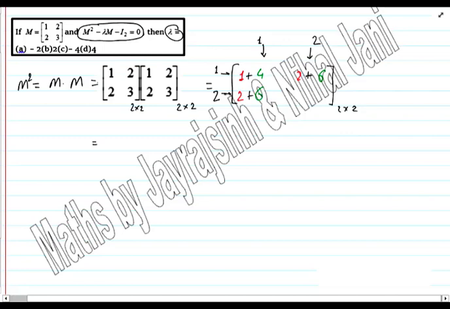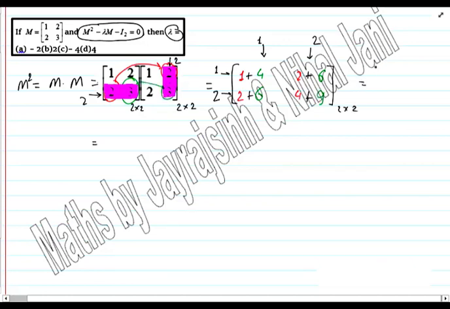Now the last term, which is in second row, second column. So we will select the second row and second column. Let's multiply 2 into 2 will give us 4, plus 3 into 3 will give us 9.